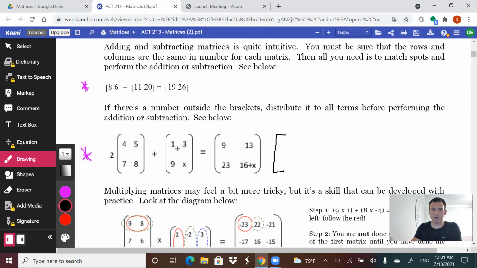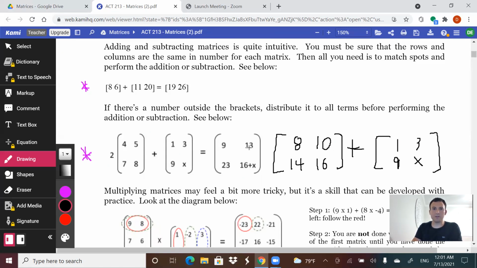So what it actually becomes is 8, 10, 14, 16, plus 1, 9, 3, and x.